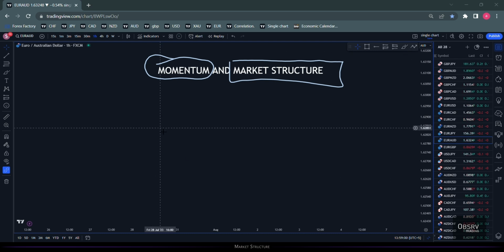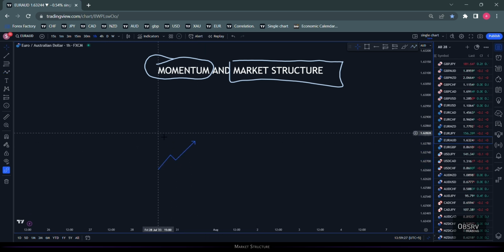Market structure, in simple words, is basically the structure that the market keeps putting on. Like we talked about the states of the market, the structure falls under that umbrella to some extent. If we are in an uptrend, the structure is going to be higher highs and higher lows.